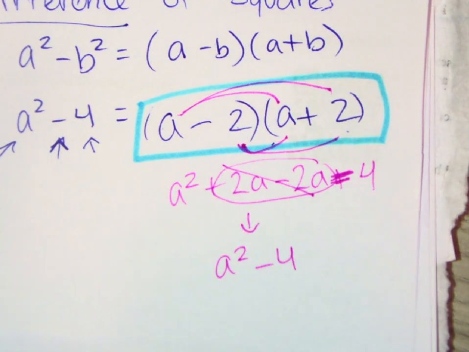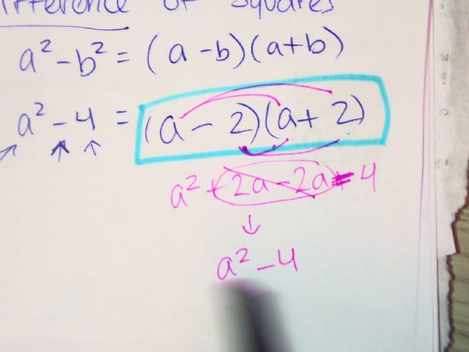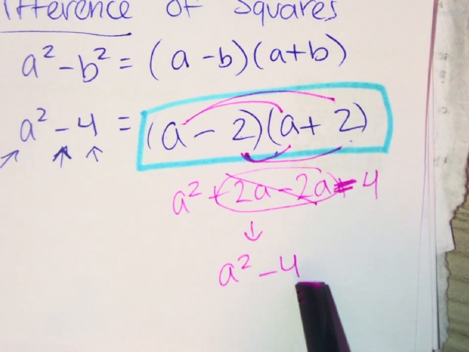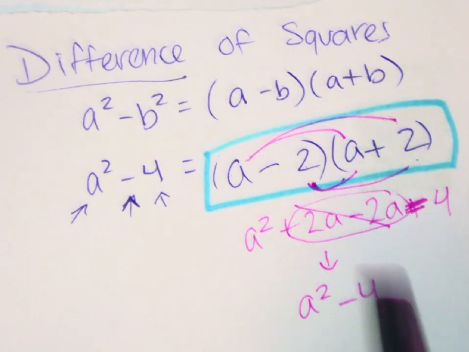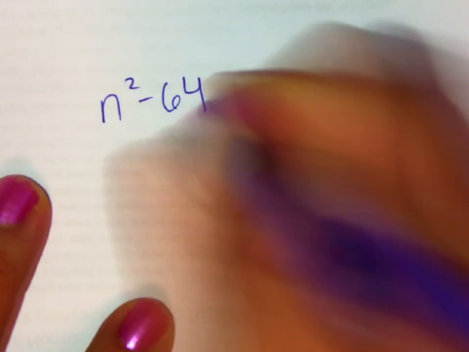So this is called a difference of squares. You have no middle term, only a first term and last term, and these are squares. And it's a minus. So if you understand that, you can apply that shortcut any time you have a difference of squares. So a couple of examples that we did in class were n squared minus 64.